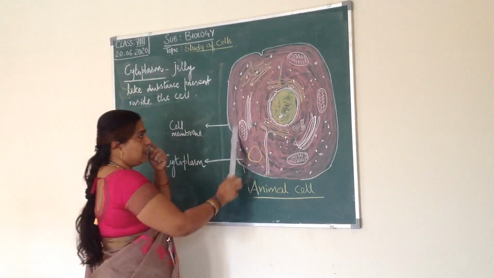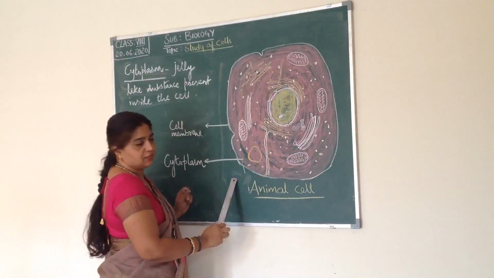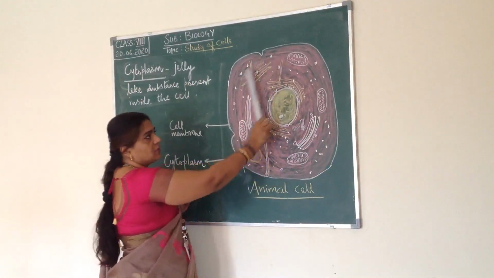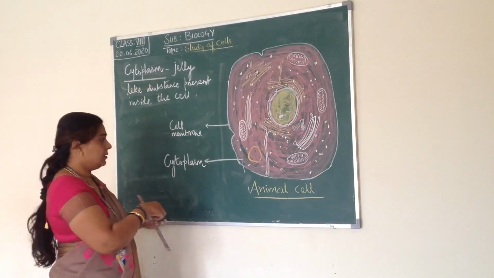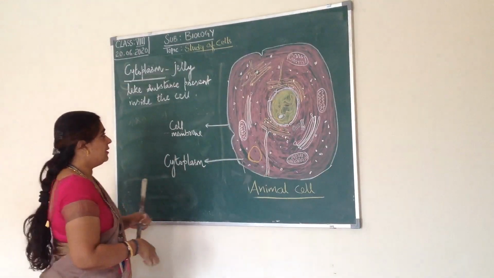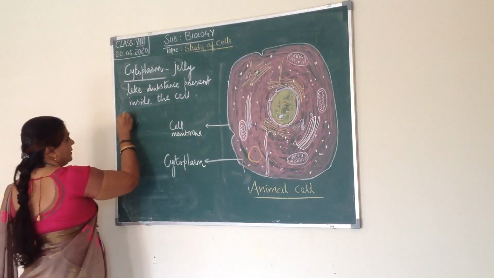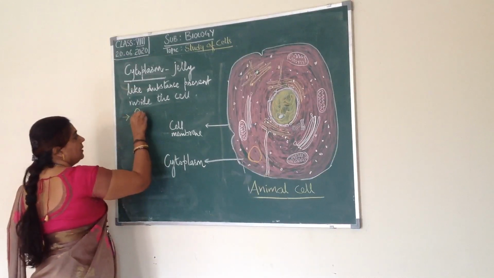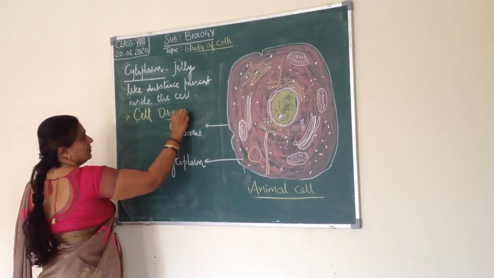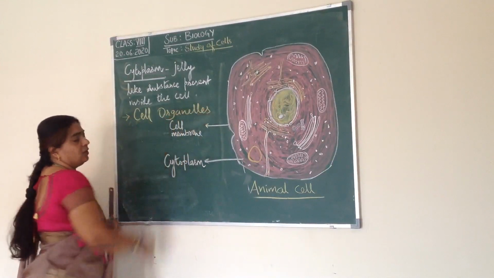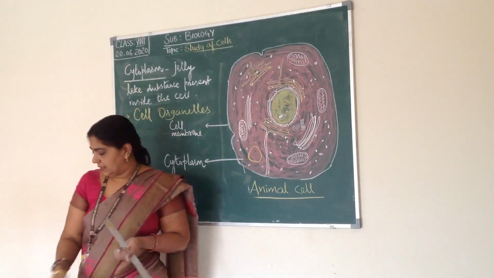See, in the cytoplasm you can see several different structures, right? What are these structures present in the cytoplasm? They are called cell organelles.